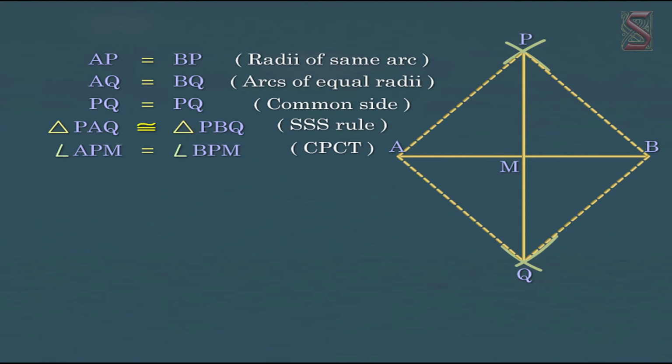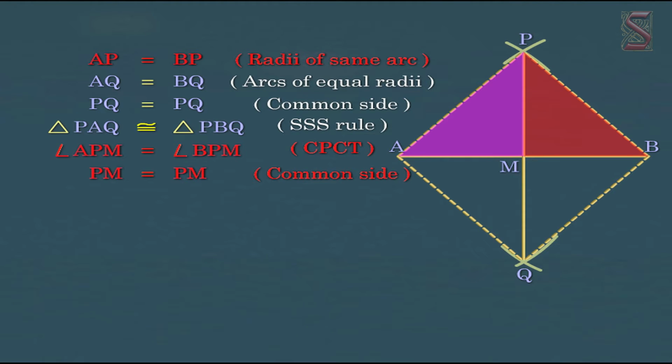Now in triangles PMA and PMB, AP equals BP as they are arcs of equal radii. As PM is the common side, it is equal. We have proved that the angle APM is equal to angle BPM. So, by SAS axiom of congruency, triangle PMA is congruent to triangle PMB.